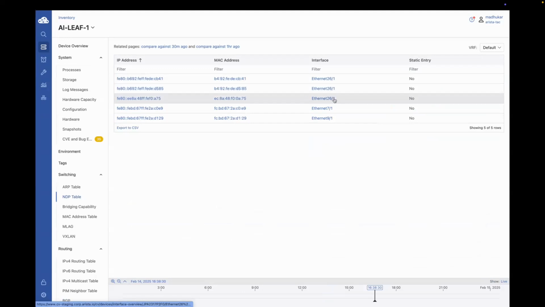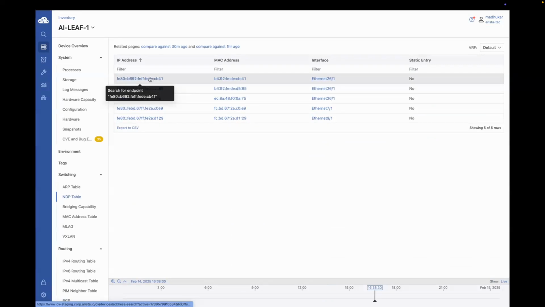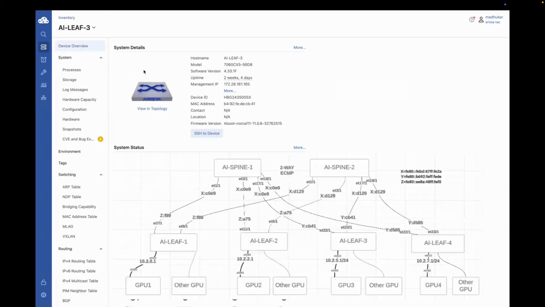Okay, so that's one data point, and let's put that in our pocket for now. And we're going to make use of endpoint search to confirm which device owns this IP. For this one, we're going to take a sample IP ending with CB41, and let's use endpoint search to figure out where this IP is hosted.